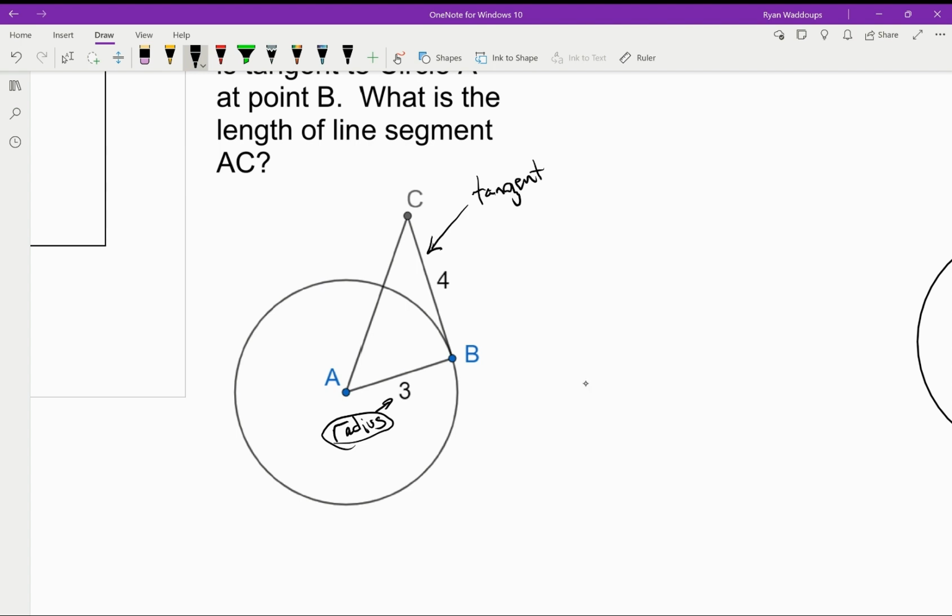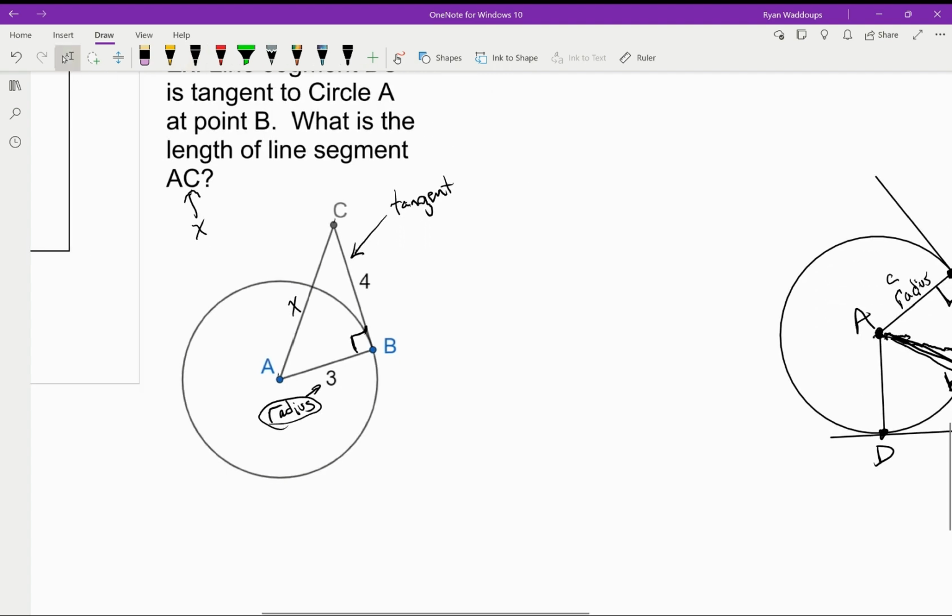Then we know that the radius and the tangent line are at right angles to each other. And so that means that this is our hypotenuse. And so we want to know the length of segment AC. We'll go ahead and call that X. So this is our X.